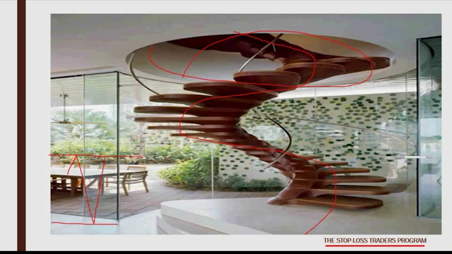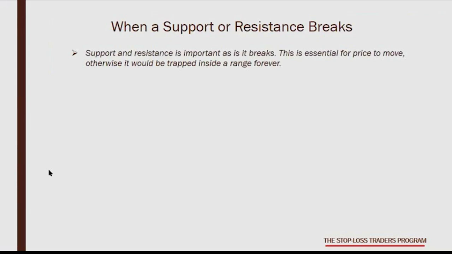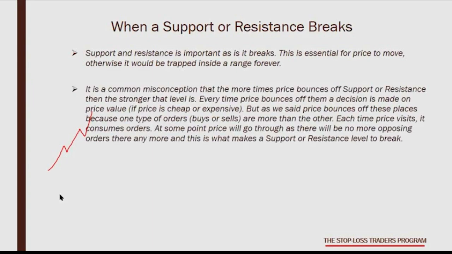So this is a minor resistance for me, and every time there is a minor support being created, the next time price visits that support, it breaks that support, right? And it falls down and again creates another new minor support, and so on and so forth, right?